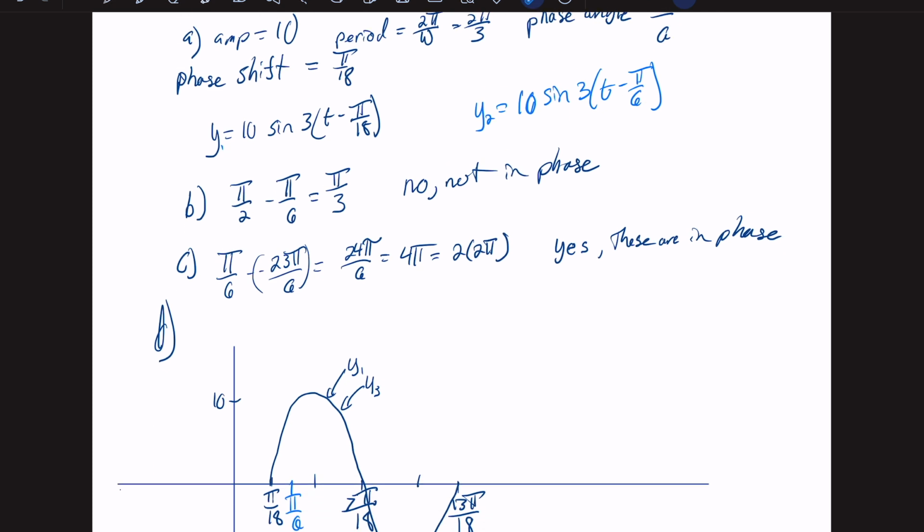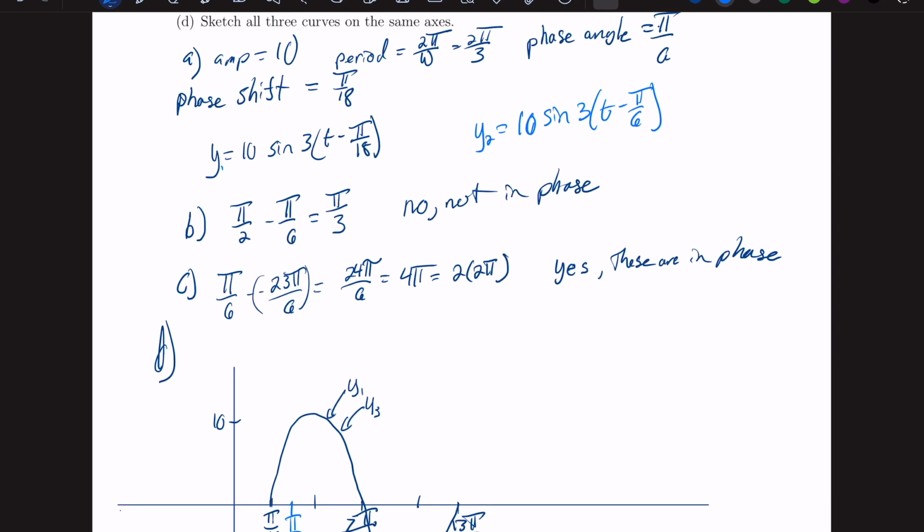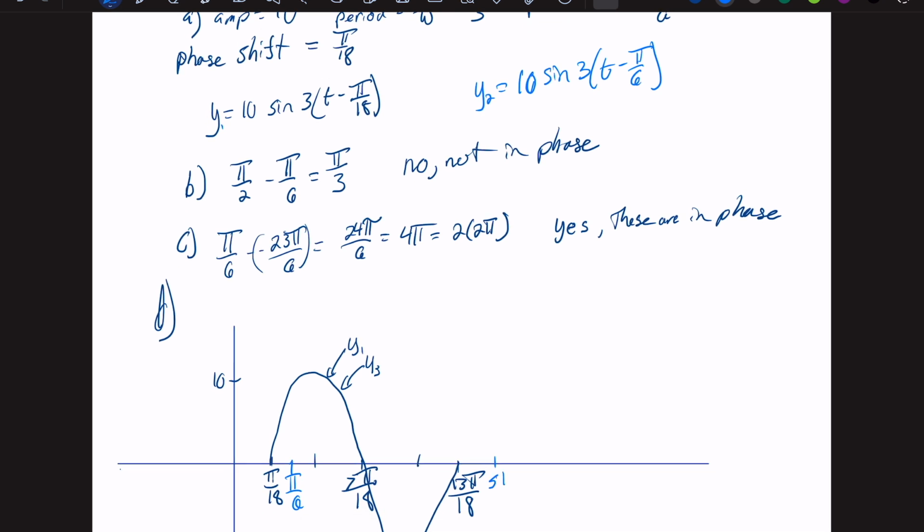I get pi over 6. So I start at pi over 6. I add 2 pi over 3. In this case, I just have to multiply top and bottom by 2, and so I get 4 pi over 6.